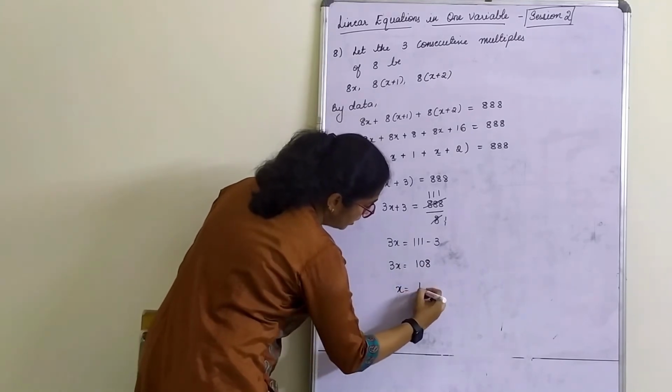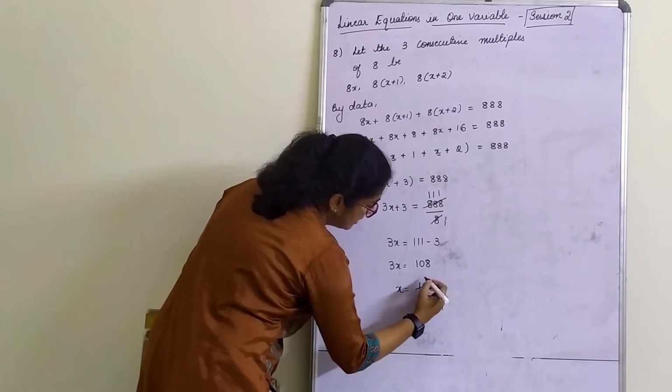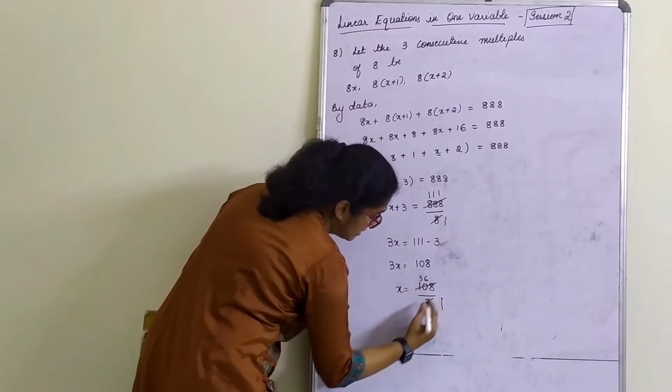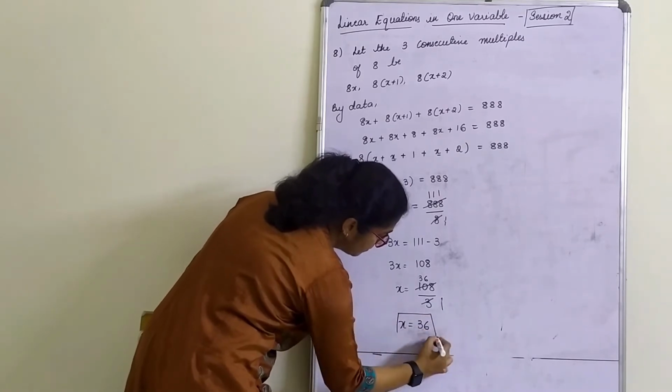So x is equal to 108 divided by 3. 3 ones are 3, 3 threes are 9, 3 sixes are 18. x is equal to 36.